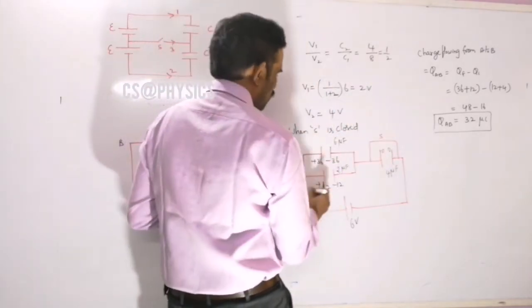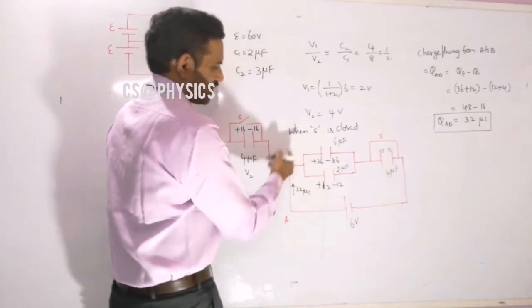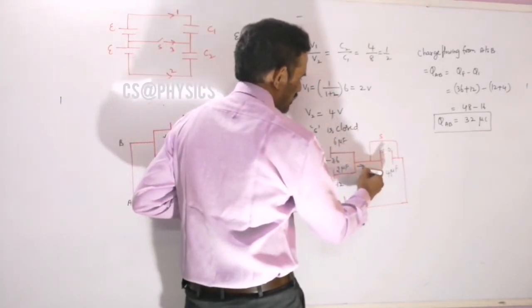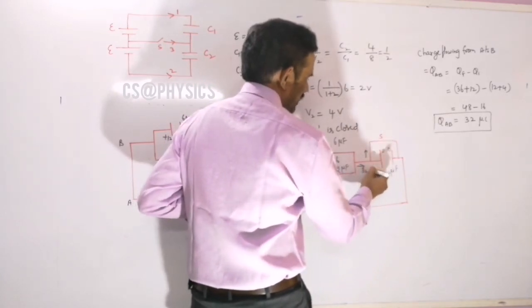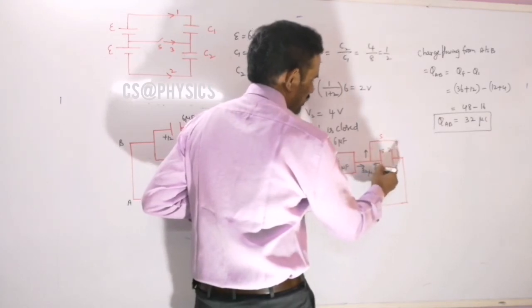That means this 32 microcoulombs is flowing along this direction here, 32 microcoulombs flowing from A to B. So here also this 32 will be there, and here also this 32, and from this side here 16 microcoulombs will come.